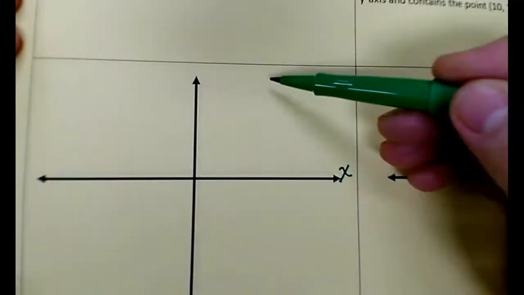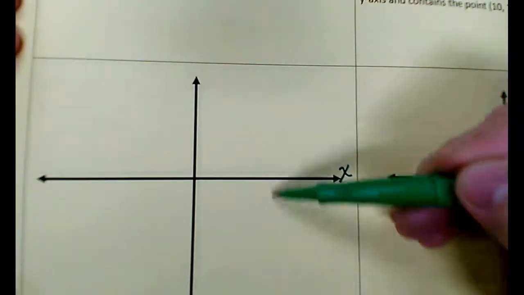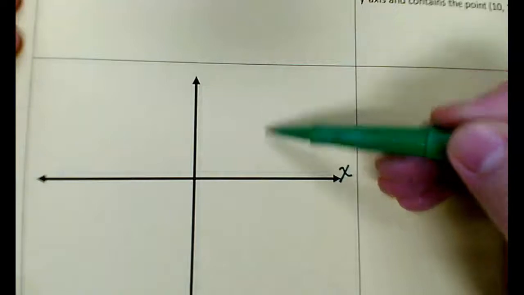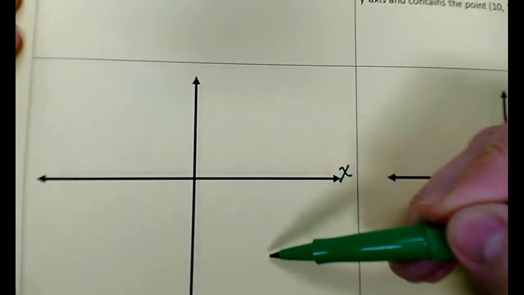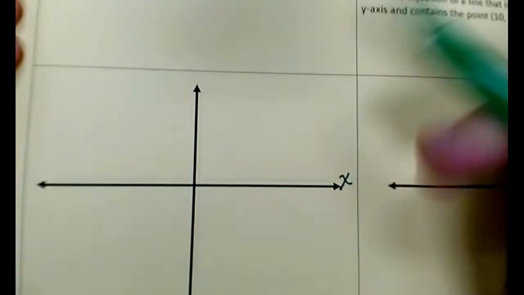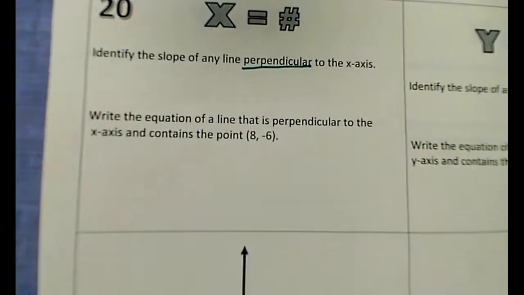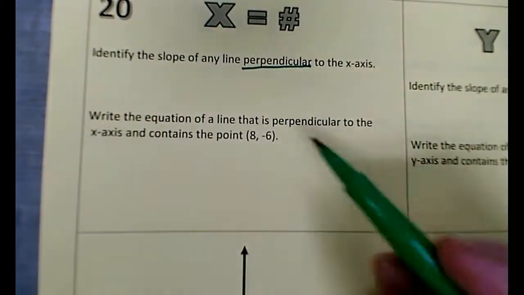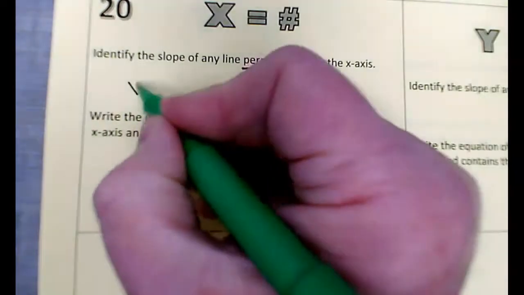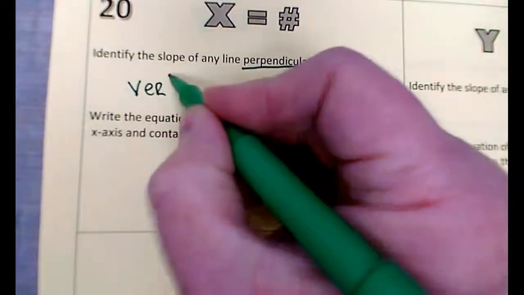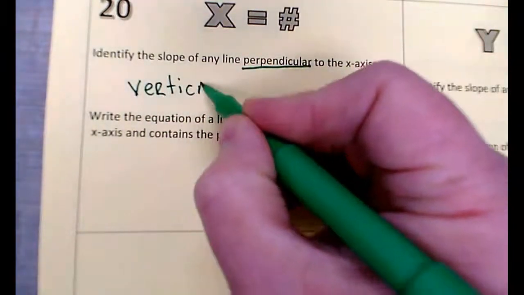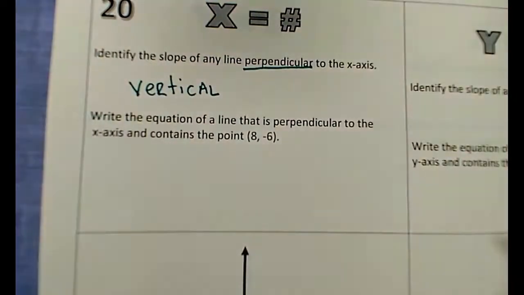If a line is perpendicular to the x-axis, it's going to cross the x-axis, and it's going to be vertical. Any line that is perpendicular to the x-axis is going to be a vertical line.